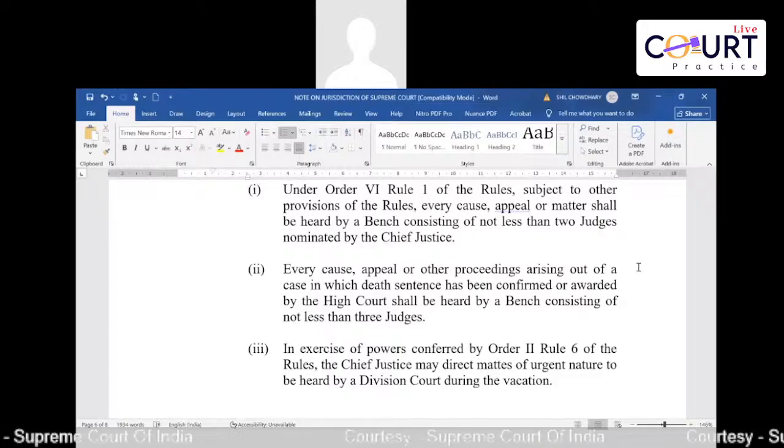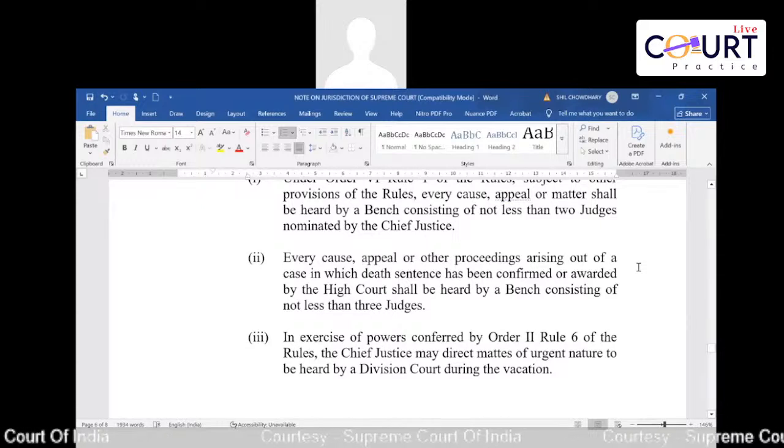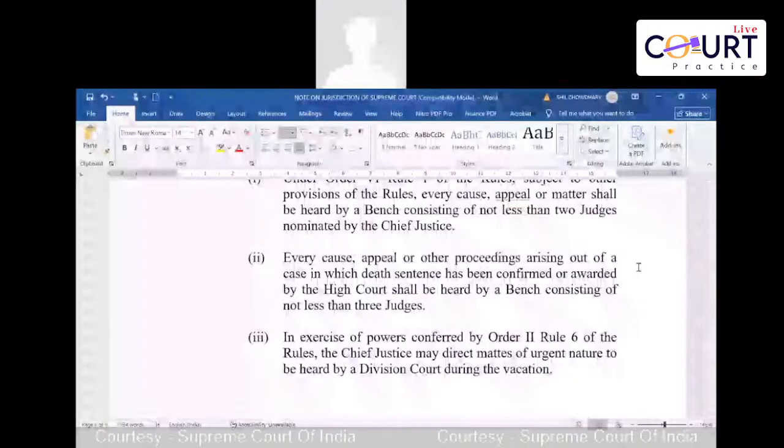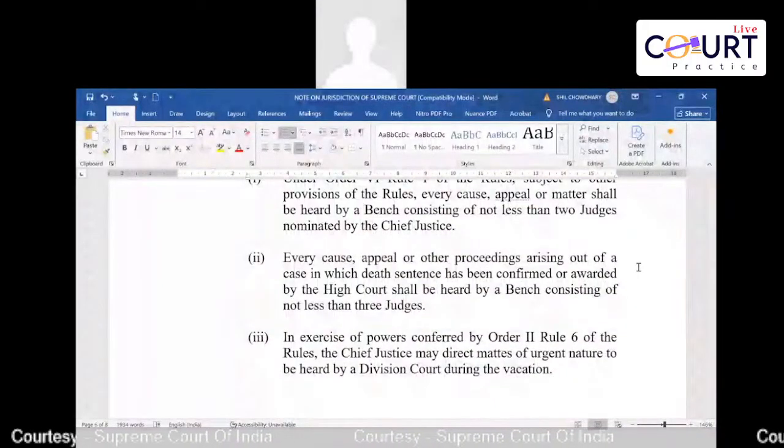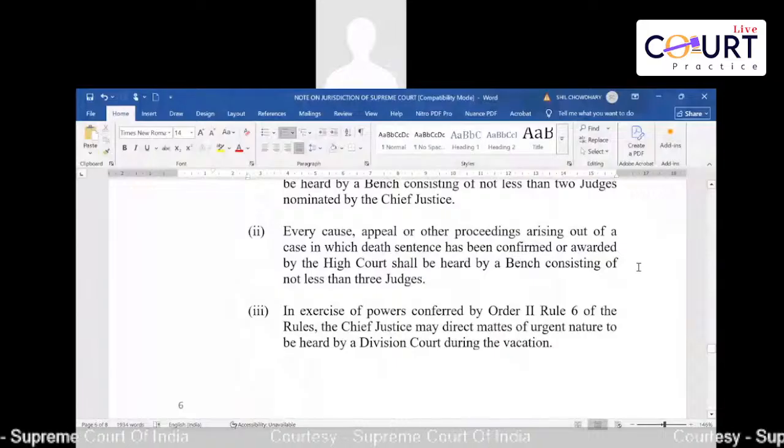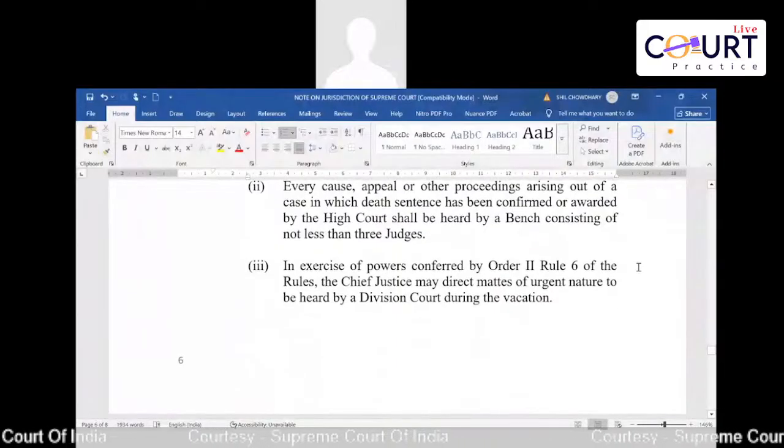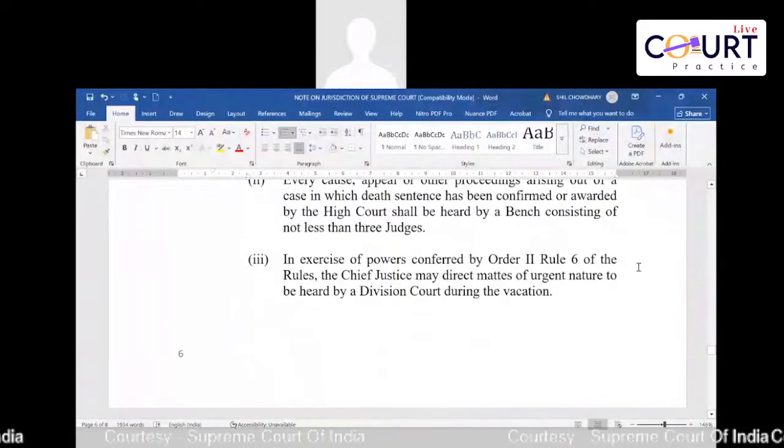So please note, if it's a question of granting or confirming a death sentence, the strength of the bench should be 3 judges. Now, in exercise of power under Order 2, Rule 6, the Chief Justice may direct matters of urgent nature to be heard by a division bench during vacation.